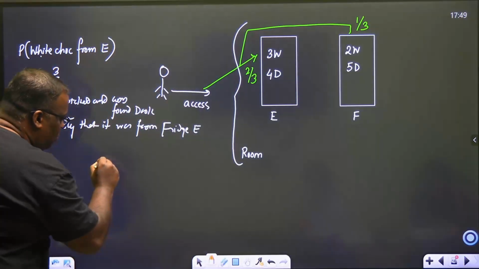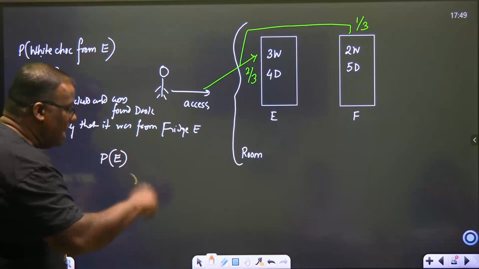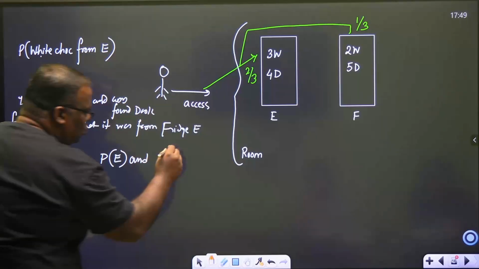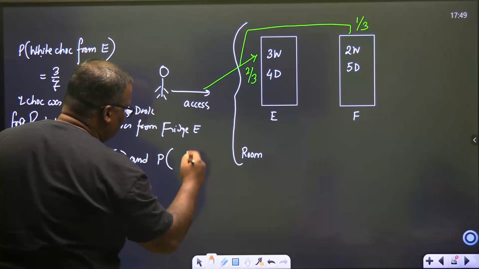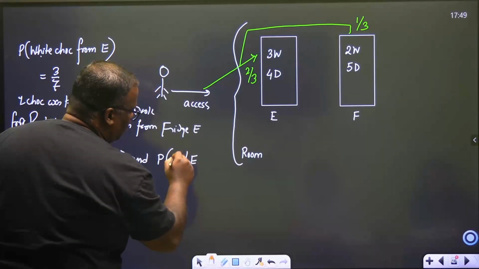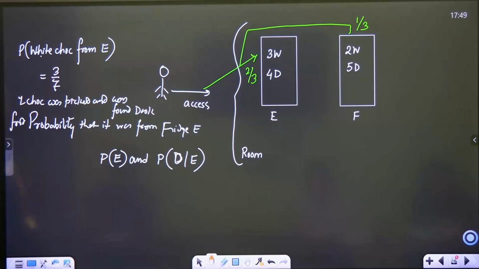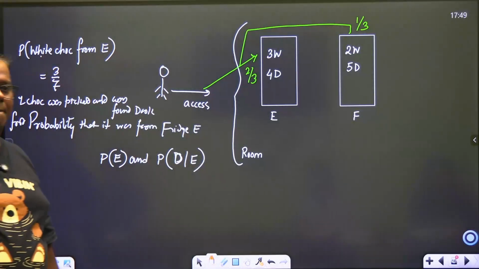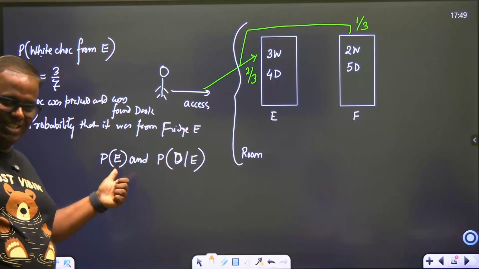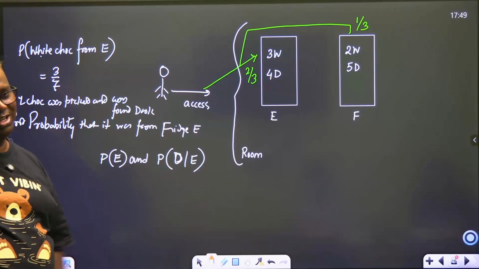That means the probability of picking fridge E, and now that you have already picked fridge E, what is the probability of picking up a dark chocolate? Is it not something like total probabilities, E1, and E1 घट गया तो A ढूंढने की कोशिश कर रहे हैं.